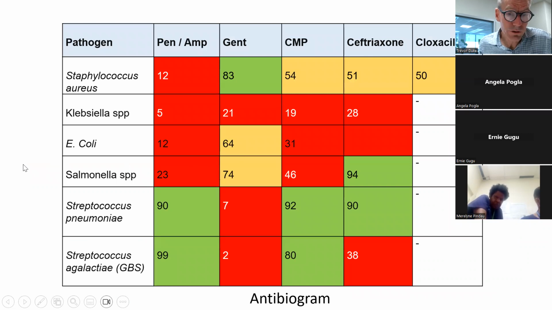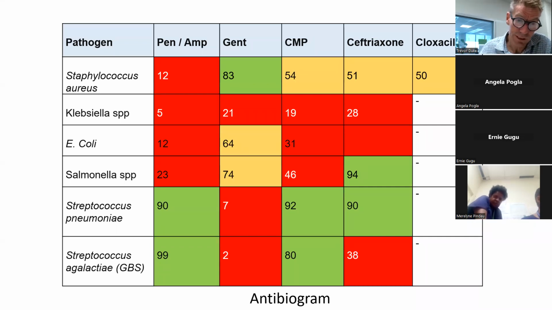I won't go through this too much, but this is an antibiogram that shows what proportion of different bacteria are susceptible or resistant to certain antibiotics. And it's useful to have this sort of data in your hospital or in your country.